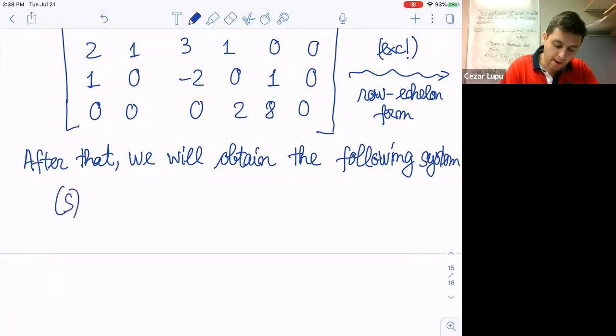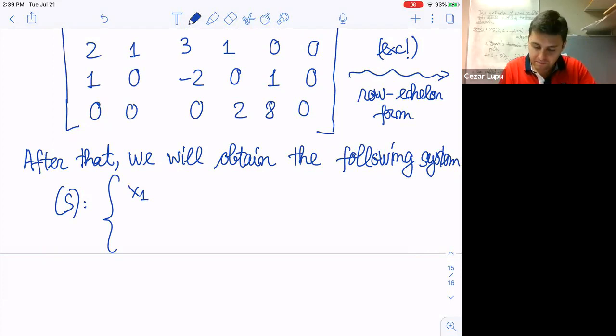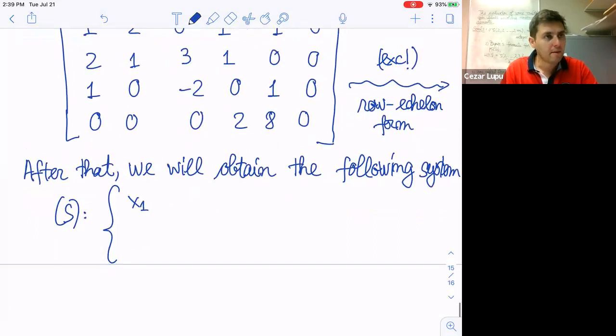Okay, let's write it here. S will be x1 minus 2x3 minus x5 will be 0.